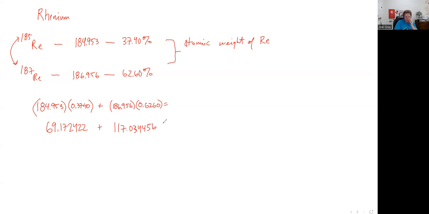So I've got these two different numbers and I'm going to combine them. 117.034456 plus 69.172422, and I get 186.206878.